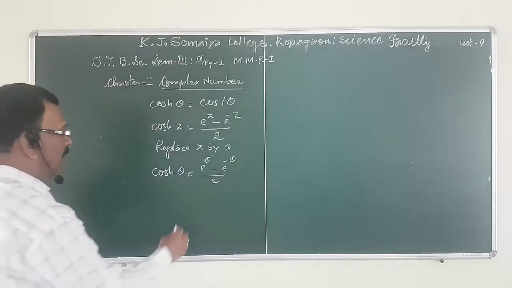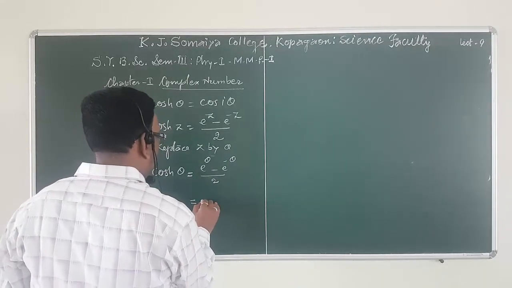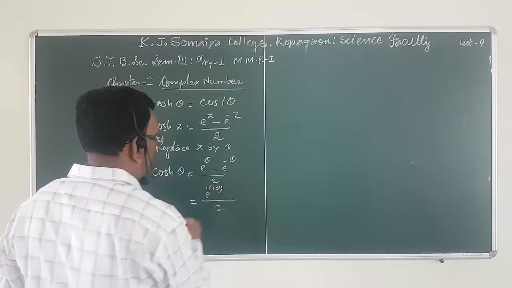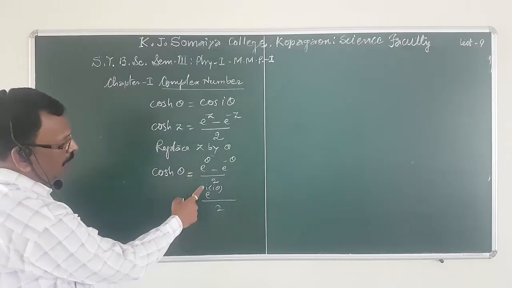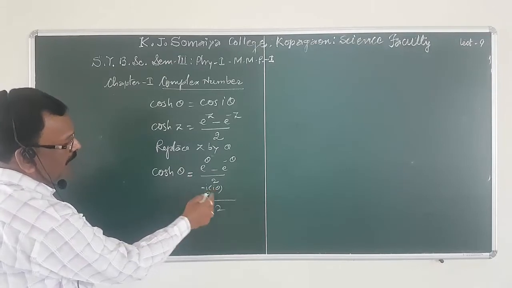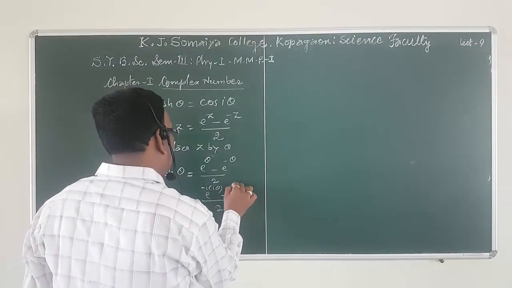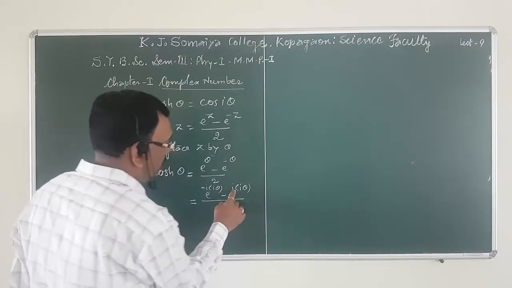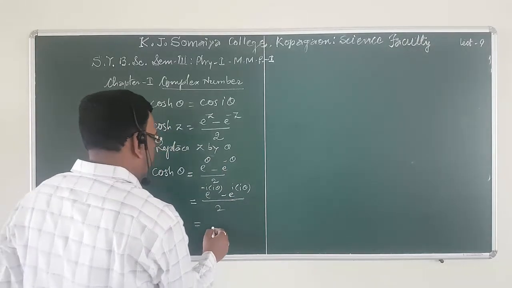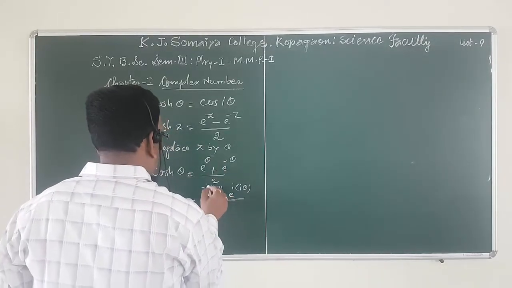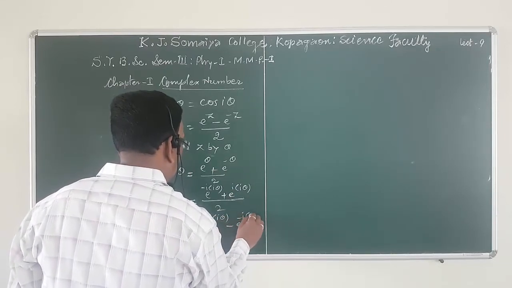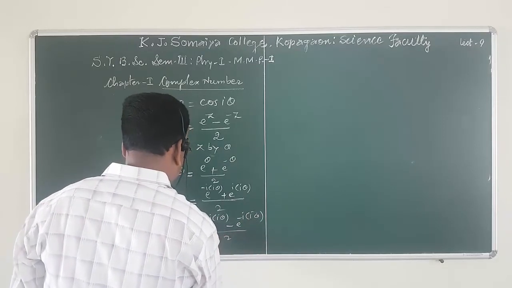Again, make a little arrangement, that is e raised to i into i theta, minus i into i square, minus 1, minus plus, plus e raised to minus i into i theta. Here also simply i into i square, value of i square is minus 1, hence minus sign. And from this we can write e raised to i theta plus e raised to minus i theta upon 2.